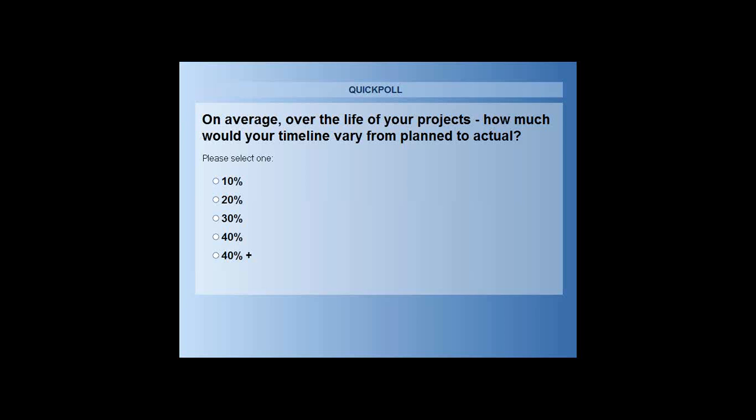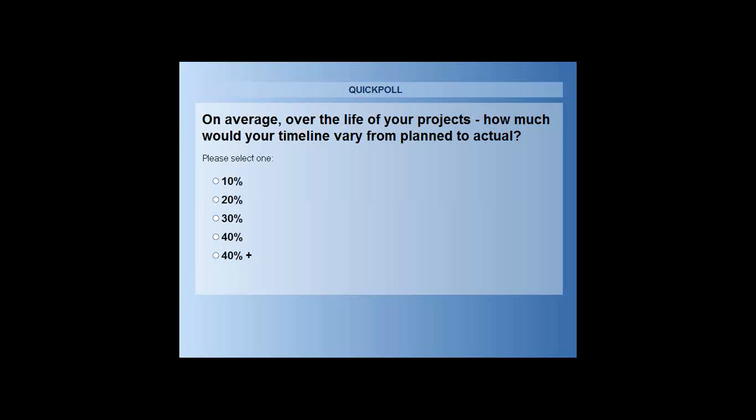We'll just wait for all of your answers to come in. So far we've got quite a few coming in for 40+%, Michael. Okay, so we have 100% who have voted, thank you very much. And we have 38% say 20, 25% say 30, 13% say 40, and another 25% say 40+.